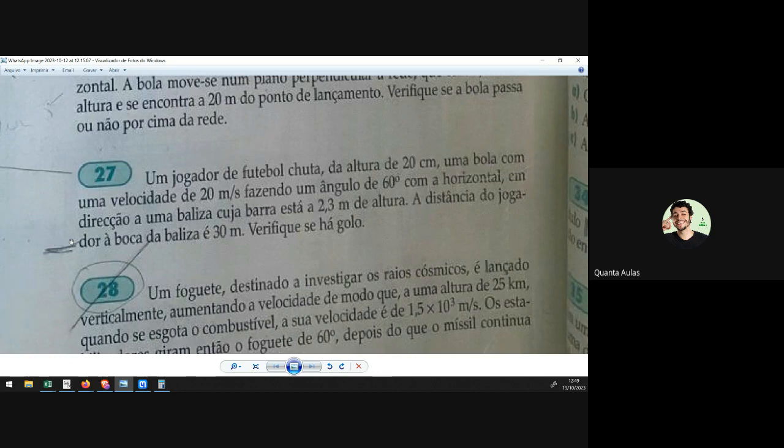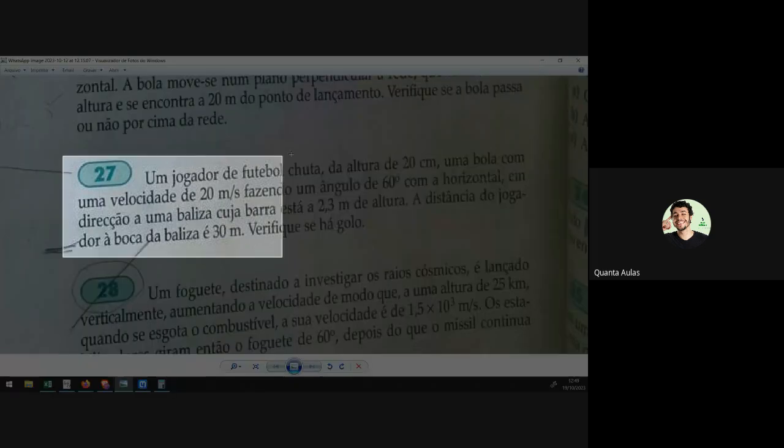I will start problem 27, but you need to do the problem. Okay, you have the other problems to use as examples, and you can ask me anything, but you need to try.